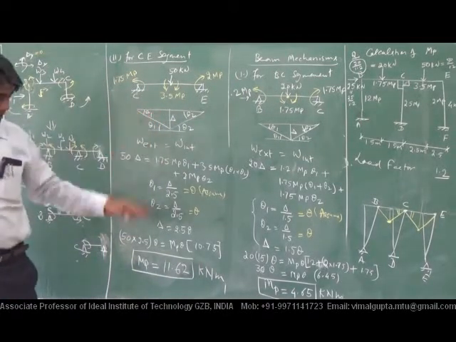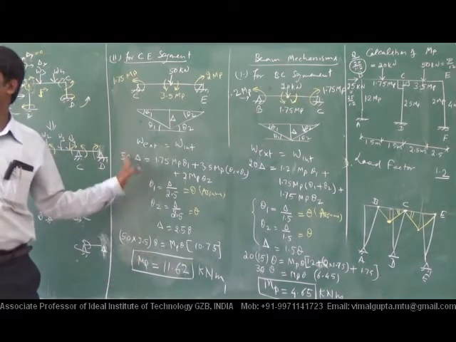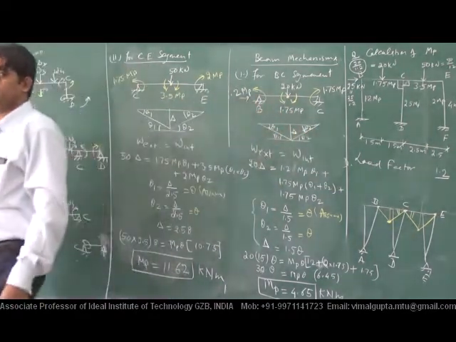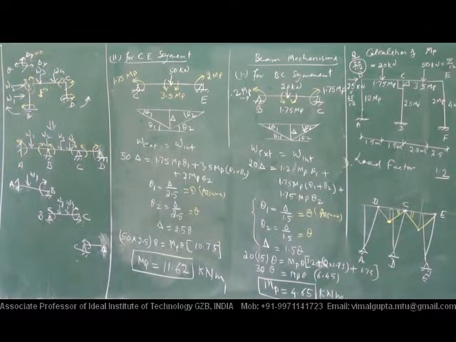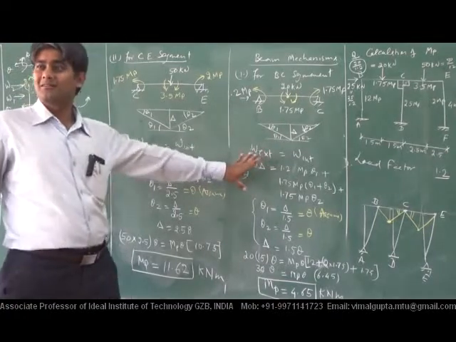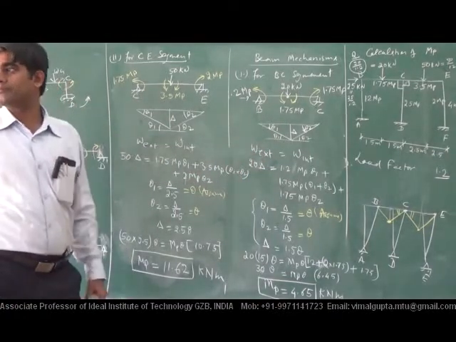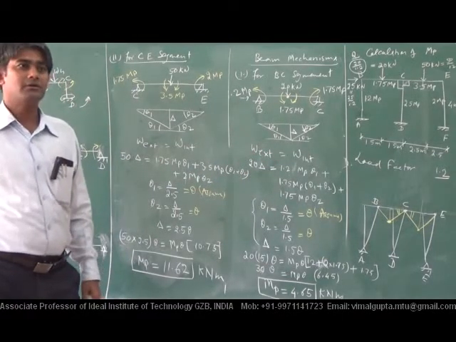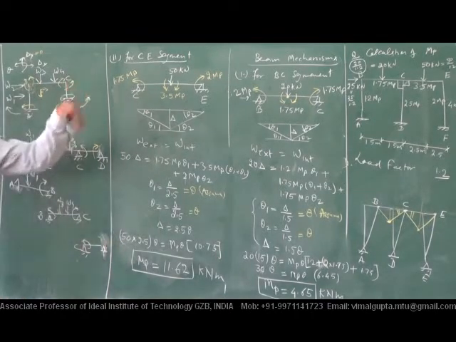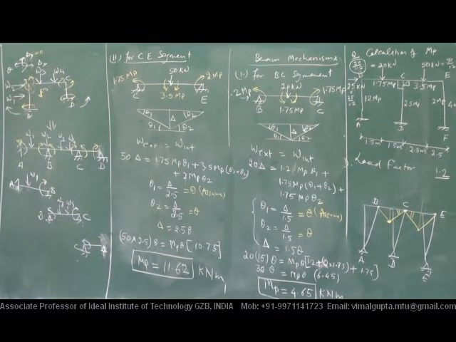If we provide 11.625, then this will be safe and that will also be safe. Both will be safe. So while writing the value of the collapse load and MP, care must be given. For load, it should be minimum. For MP, the maximum value will be taken. So this is the beam mechanism. Next, sway mechanism.